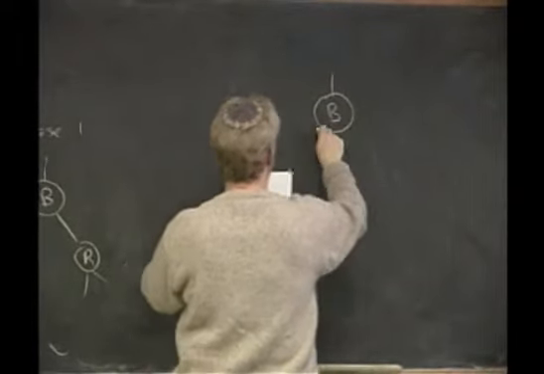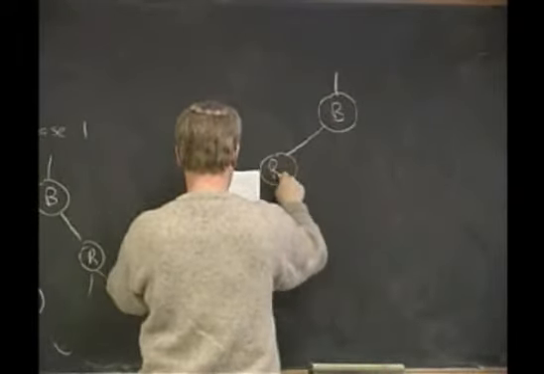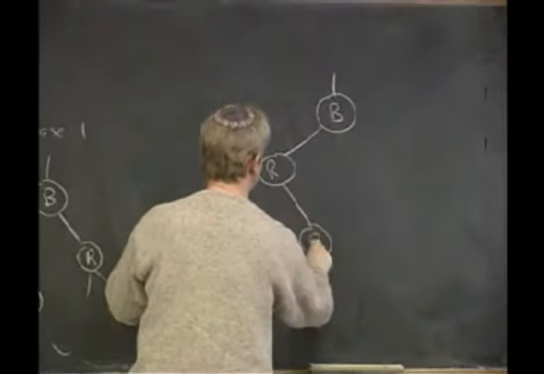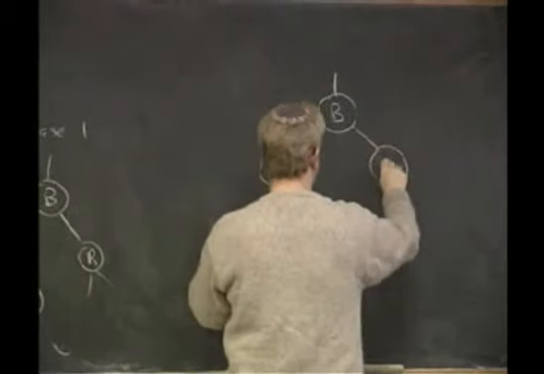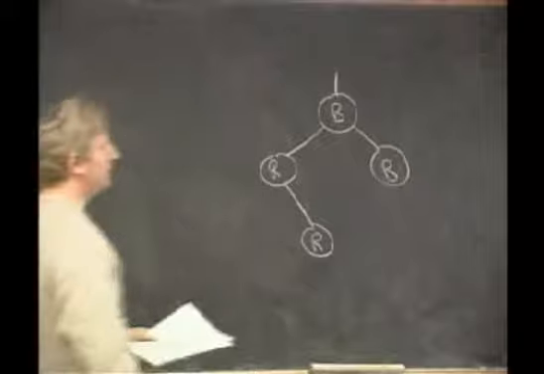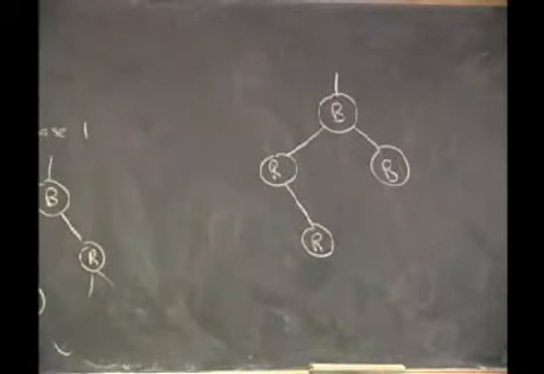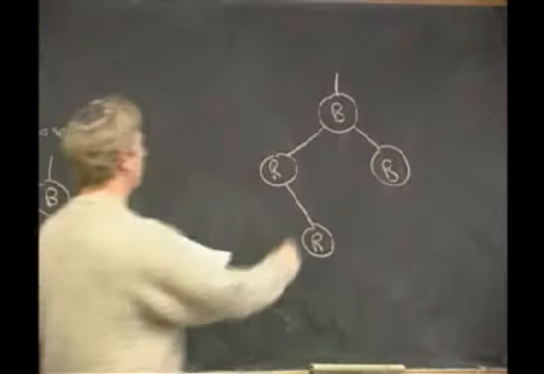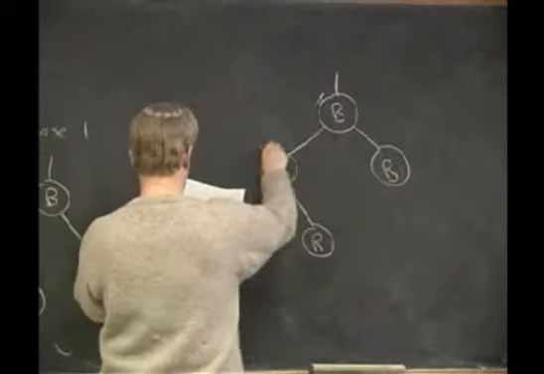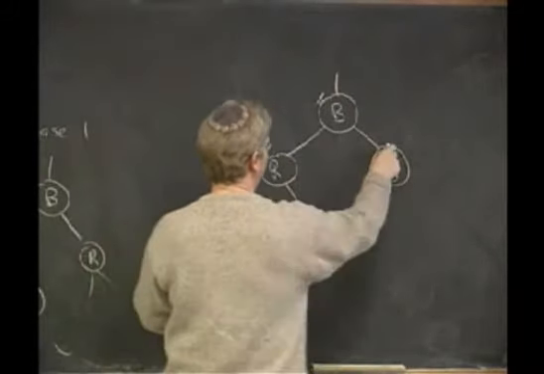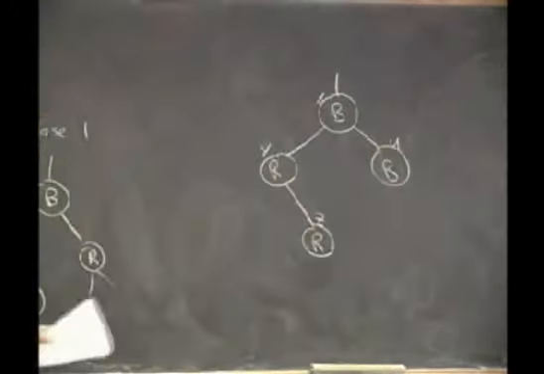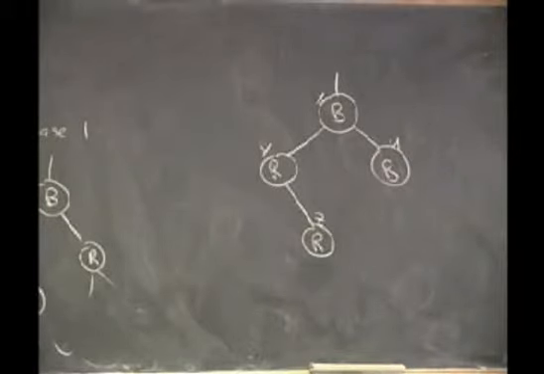All right, case 2. Black, red, red, black. Now, since this case is going to involve a rotation, I need to put a little more labels on the nodes. So I'll call this X, Y, Z, U. Okay, just so you know which one is which.